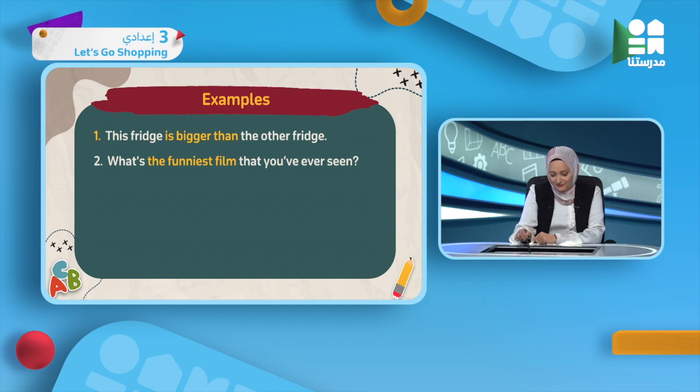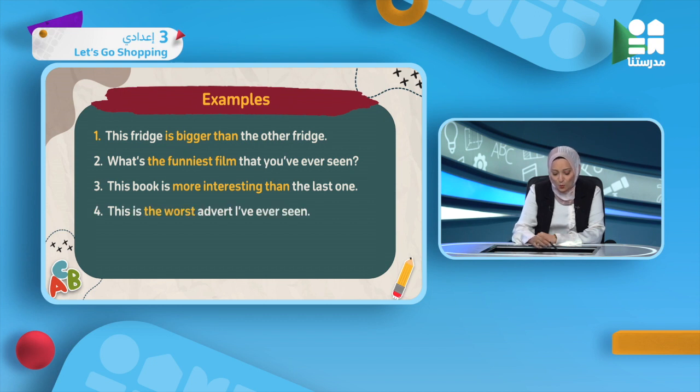The funniest film. The book is more interesting than the last one. This is the worst. This adjective is supposed to be bad. ده المفروض يبقى bad. بس because it's an irregular adjective ليه قاعدة خاصة.